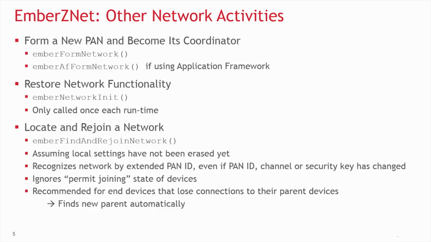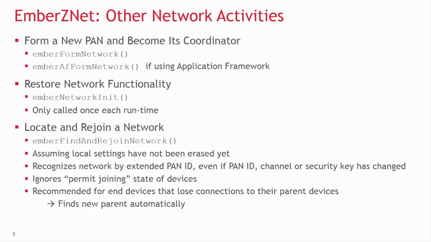At that point, you really have to start a process to rejoin the network. A rejoin is necessary not only for an end device to find a new parent, but also for routers who have lost connection to the rest of the network. For instance, the network has changed channel or PAN ID, but somehow you missed it.